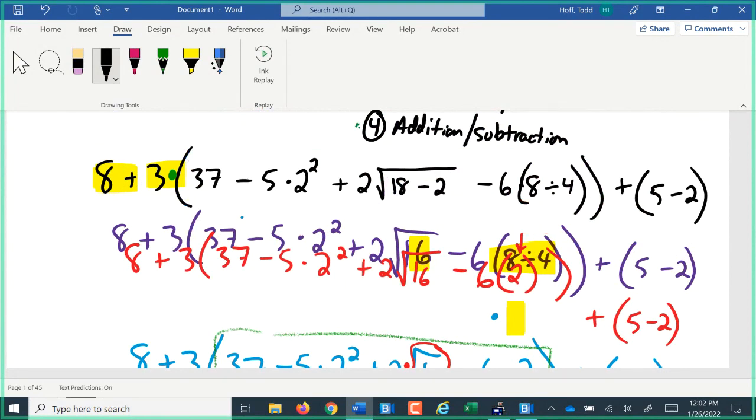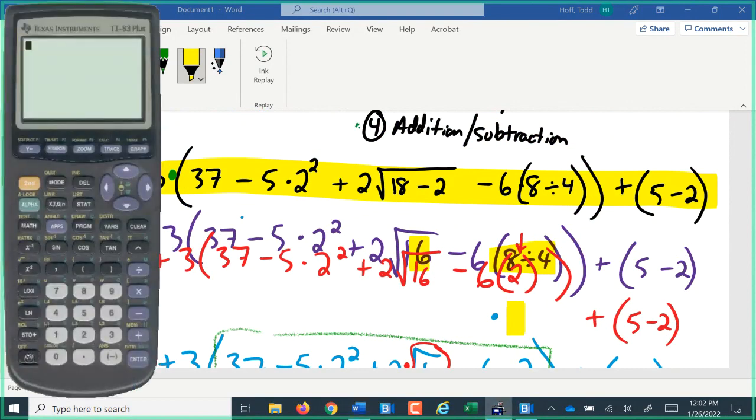I just enter this problem in the calculator exactly as it appears there. 8 plus 3, parentheses, 5, 2 squared, times square root of... I have to do a little bit of adjusting because of the square root symbol on this calculator. You'll notice I get the exact same answer. I just had to enter it in.